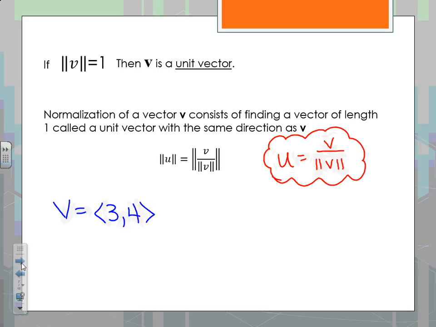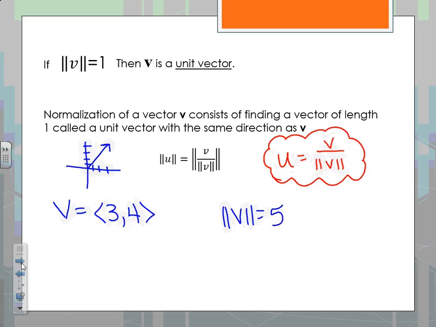Vector v, I'm telling you, is 3, 4. Okay, magnitude is 5.